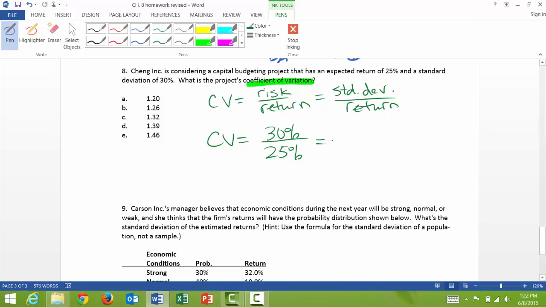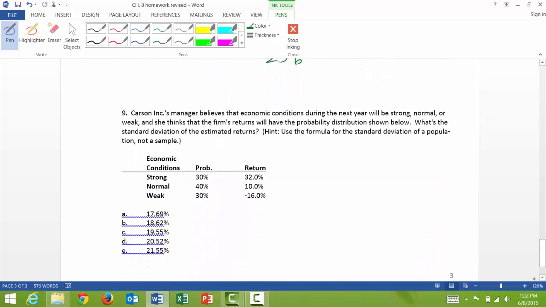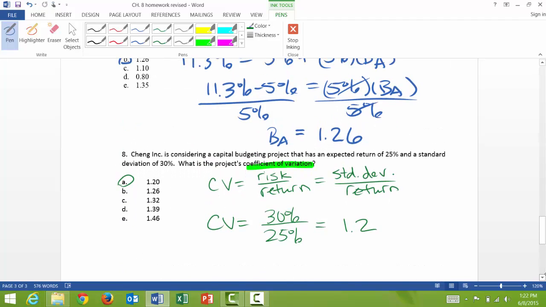And the coefficient of variation, if I divide that, actually, I do have my calculator. 30 divided by 25 is 1.2. And it's not a percent or anything, it's just a general number. And the lower that number, the better. So remember, coefficient of variation is a very short calculation.